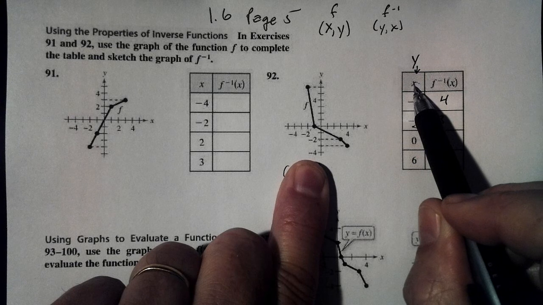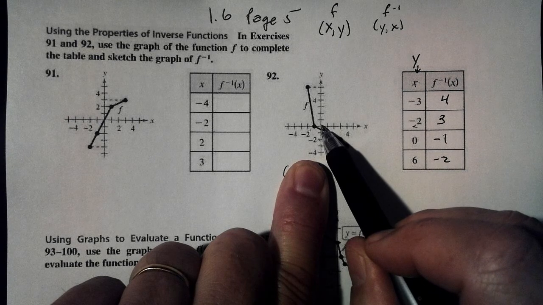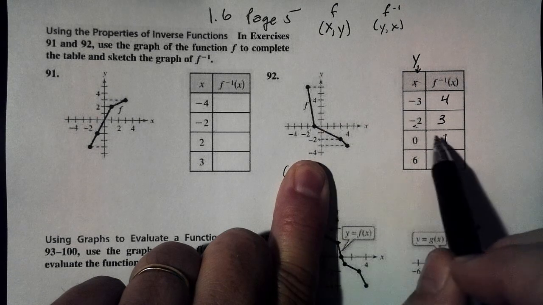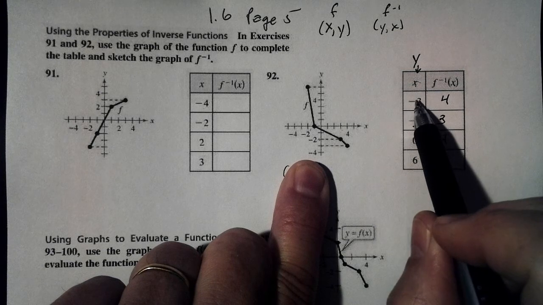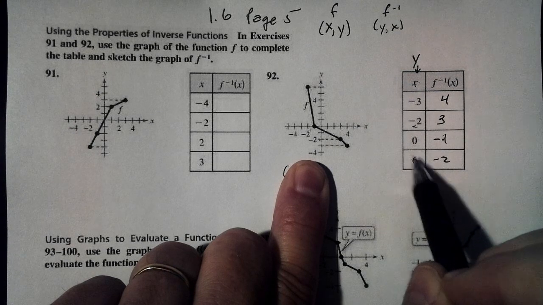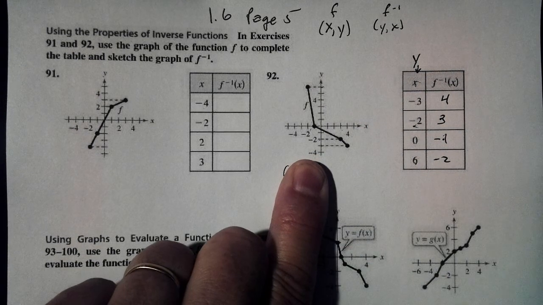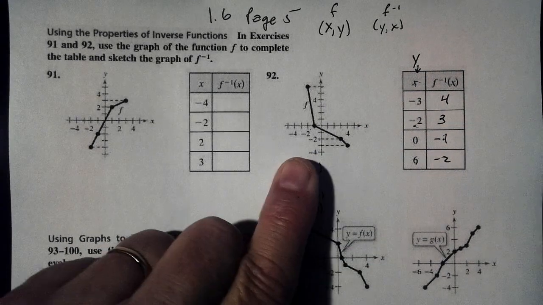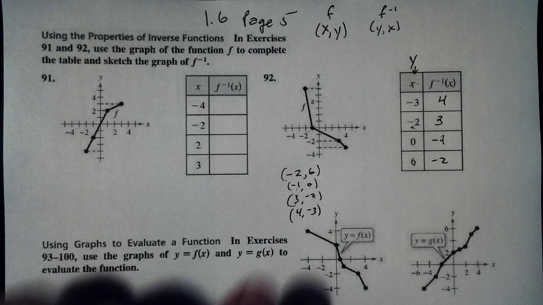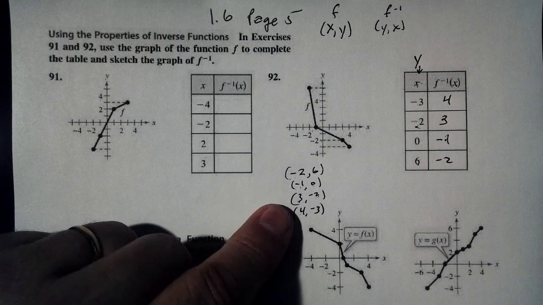We choose y to be 0 and we track that to the left to 1. And we choose y to be 6. We track to the graph and see that we're at negative 2. So it's bypassable. If you just absolutely have to do this, fine, but I'm not going to do that in these problems below.